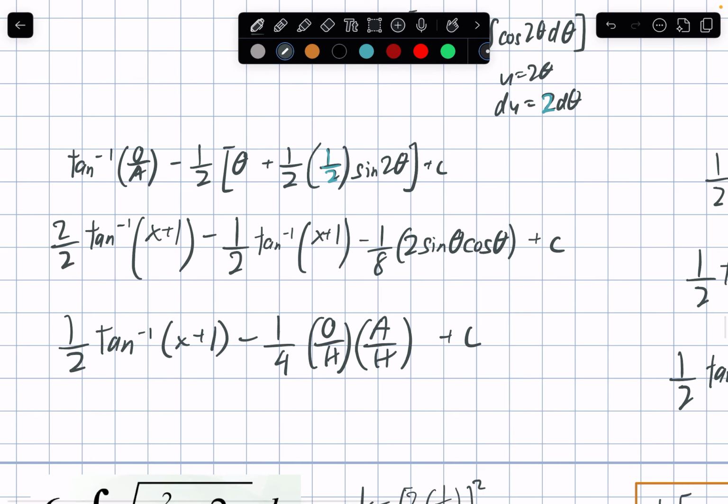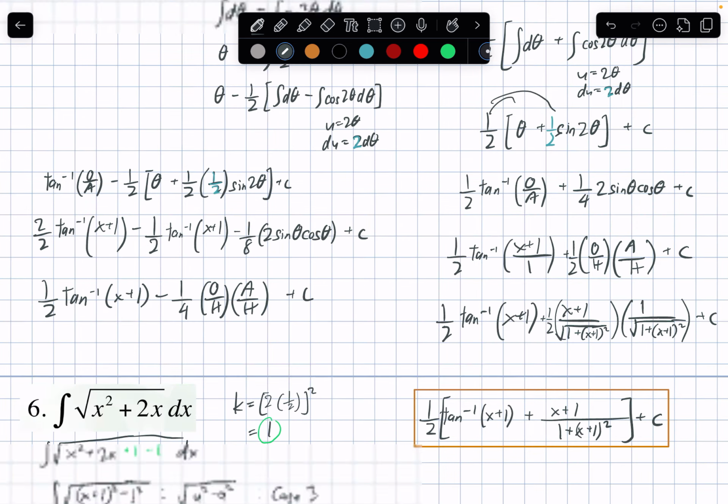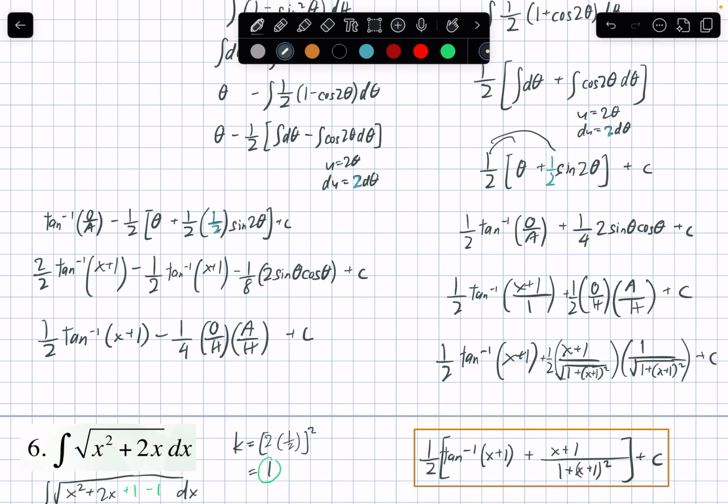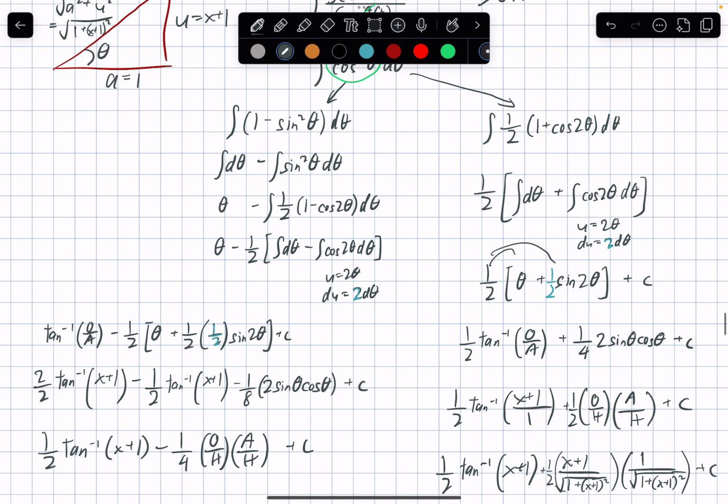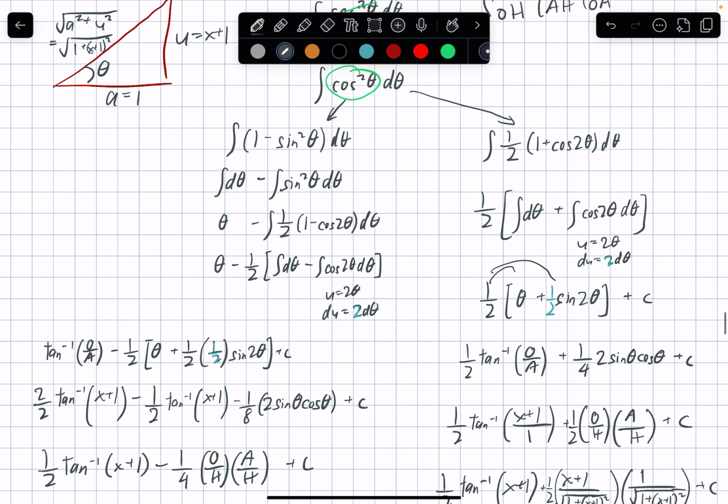In our scenario, I'm seeing an issue with the fraction.